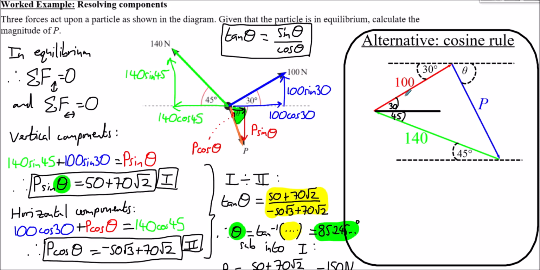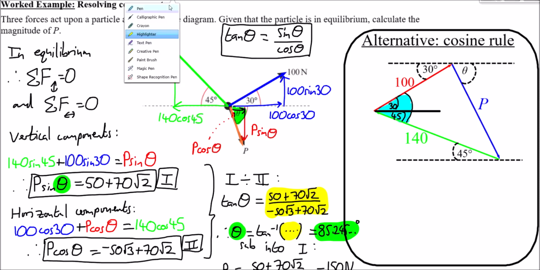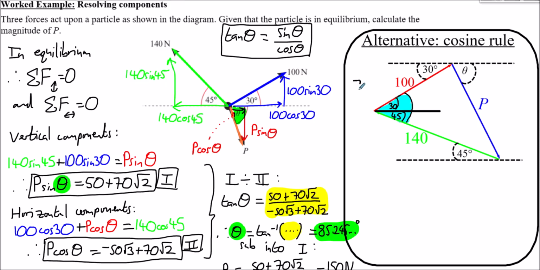That means the total angle in this corner, if I colour code this in a nice blue, this angle in the 100, 140, P triangle will be 30 plus 45. The total of this blue-ish angle I've coloured in is 75 degrees.